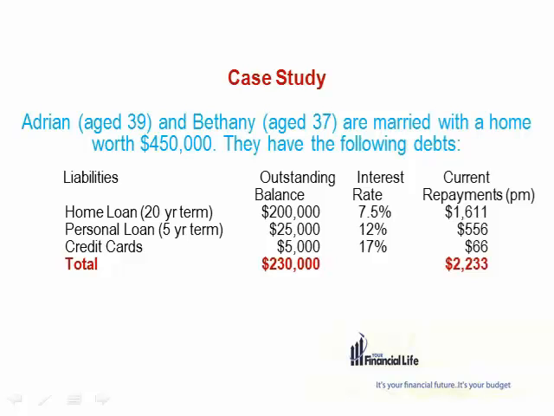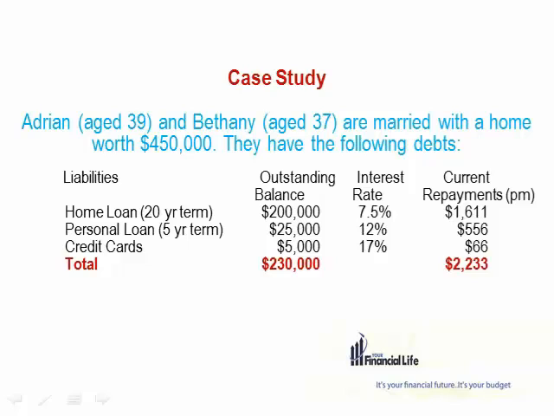So to minimise their total interest bill and make their finances more manageable, they approach their lender about consolidating their debts. They want to increase their loan from $200,000 to $230,000 to consolidate the personal loan and credit cards.